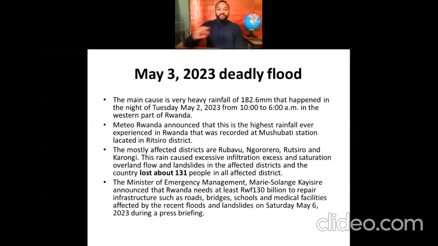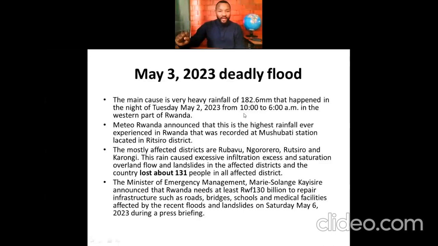And most importantly, on May 3rd, 2023, there has been a deadly flood that happened as a result of a heavy rainfall of 182.6 millimeters, and this happened in the night of May 2nd from 10 p.m. to 6 a.m. That has been in the western part of Rwanda.